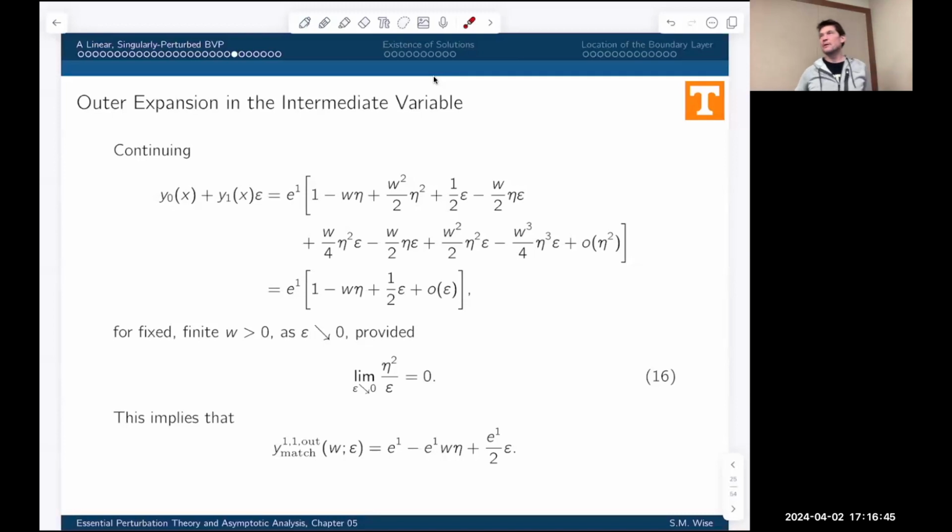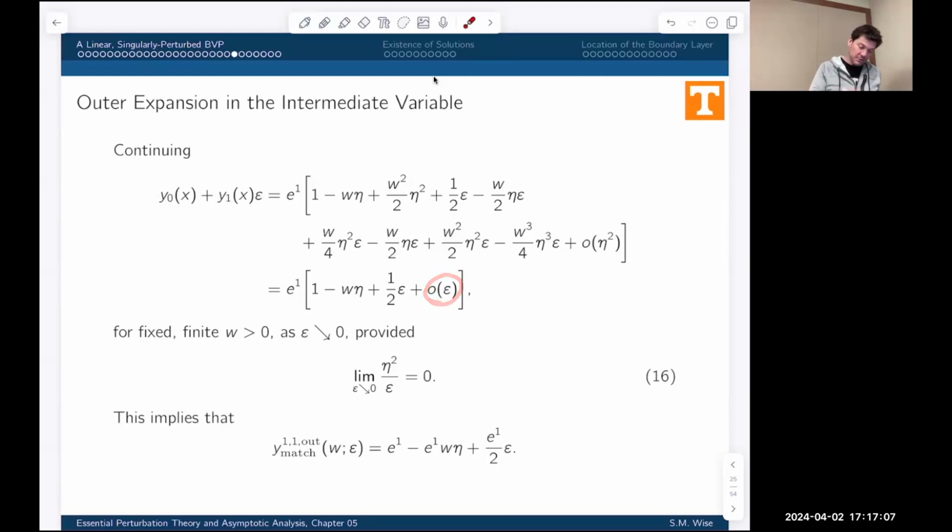I probably should have done the inner expansion first, but I'm going to get 3 terms in the inner expansion that I have to match. So I want this guy to go away because he's not going to help me out. He's just going to be a nuisance. How will it go away? The only way it's going to go away is if it's an order epsilon term.